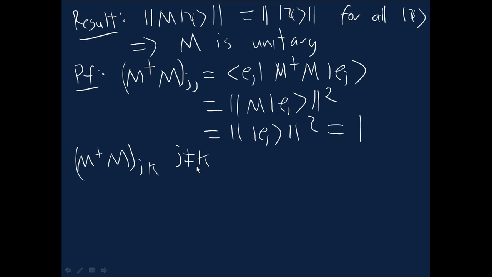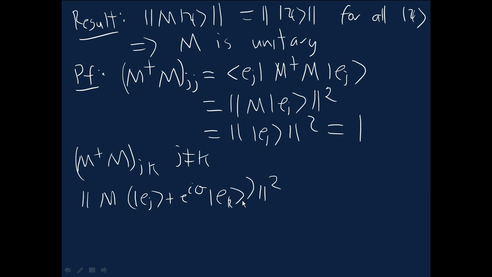Well, I'm not going to actually do the analysis which shows it's equal to 0. You're going to do that in the exercises, and it's pretty easy. But let me just tell you the basic idea. We look at M's action on the following state, EJ plus a factor, which I'll come back to, times EK. So basically we're looking at EJ plus EK and the action of M on that.